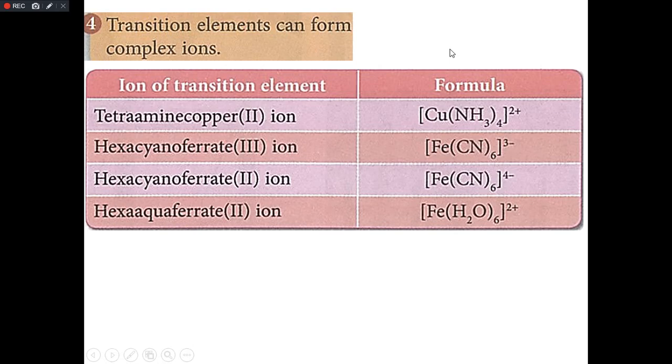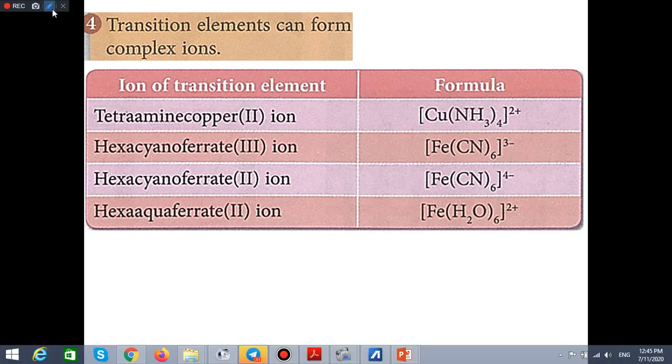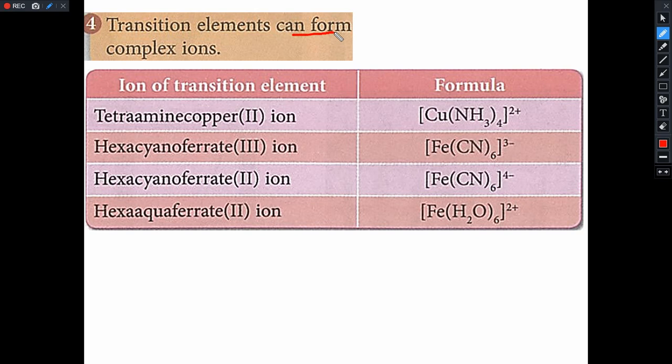We go to the next slide, where this slide shows the last special characteristic of transition elements. Transition elements can form complex ions, very complex, until you cannot memorize the formula of the ion because it's too complicated.